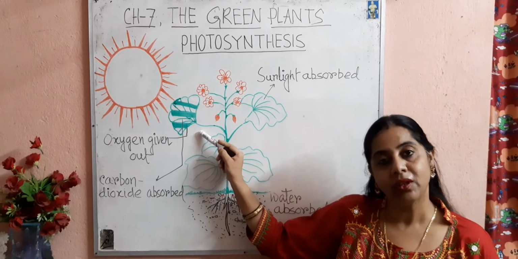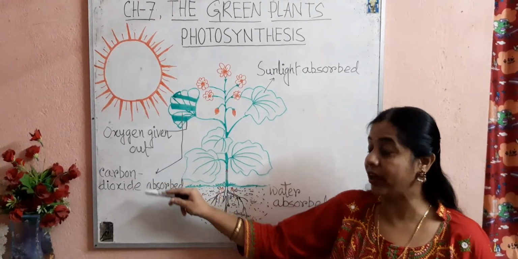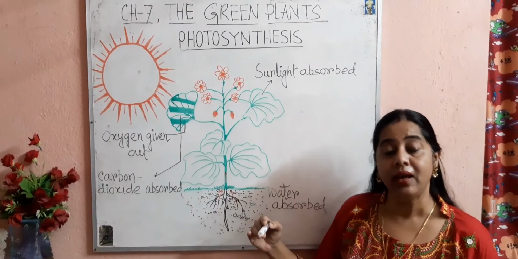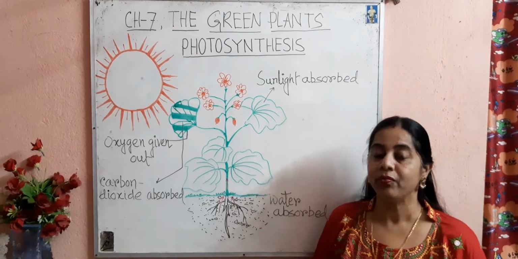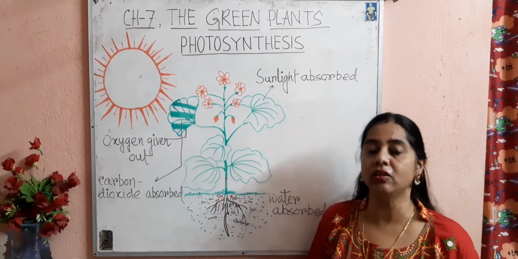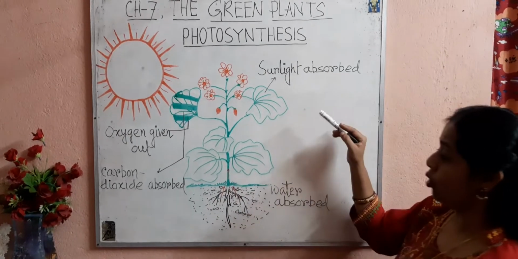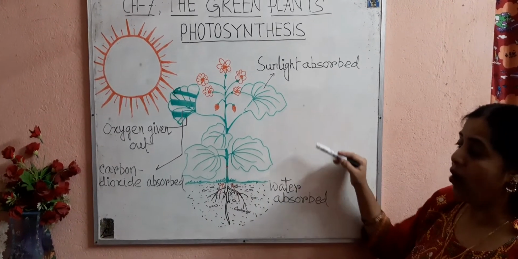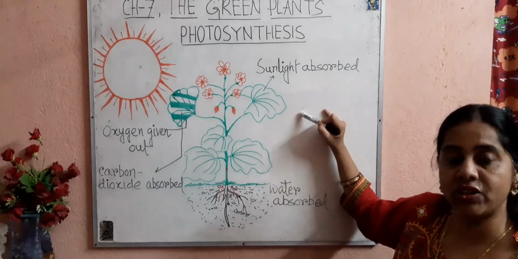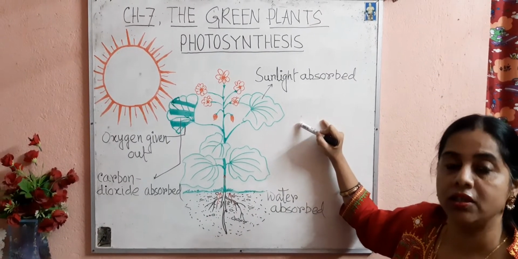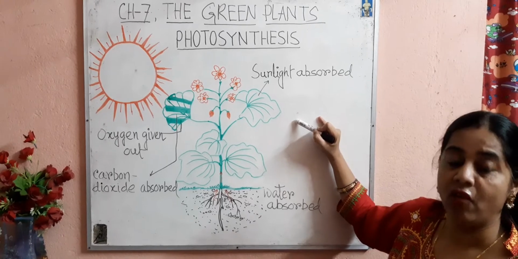Got it? So, carbon dioxide is taken from the atmosphere into the leaves by the stomata present on the underside of the leaves.